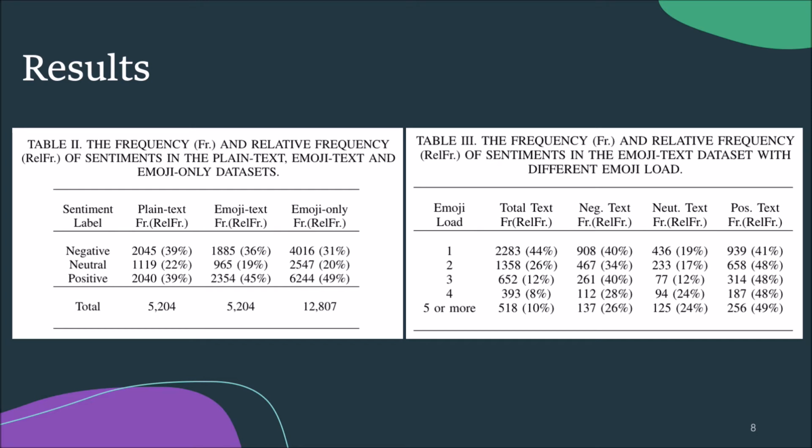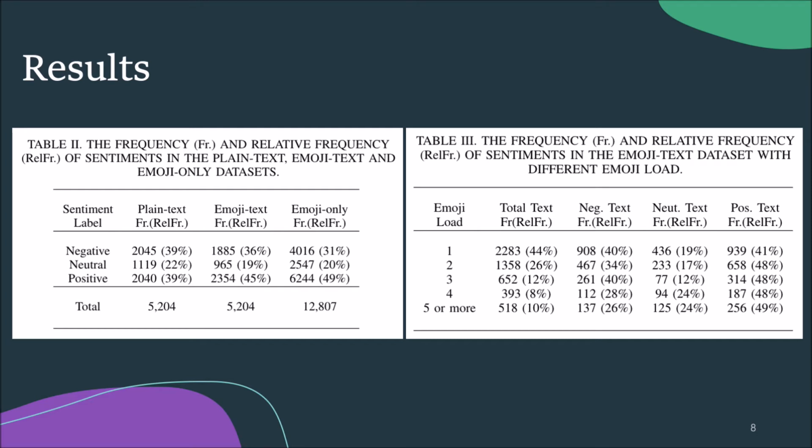In Table 3, we show the emoji load across all text and broken down by sentiment class. It's clear that the most usual usage is to include just one or sometimes 2 emoji in a text. The number of texts in the dataset with 3 or more emoji is much lower. It's also clear that the proportion of negative text is much lower when there are 3 or more emoji than when there are just 1 or 2.